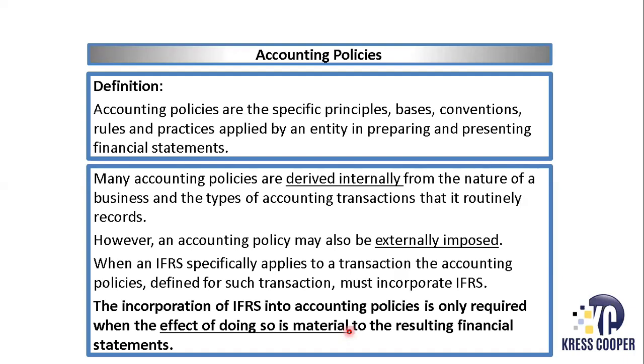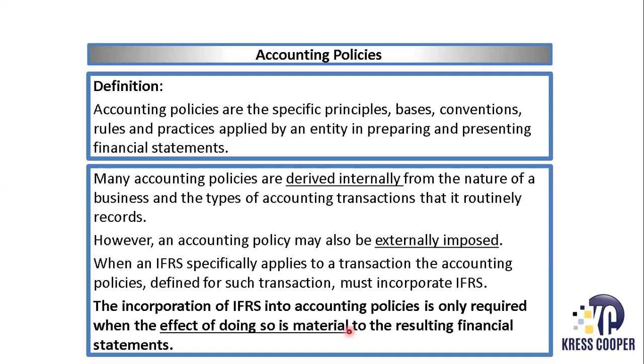The asset is of an immaterial amount, and when we look into its estimated useful life, supposedly 5 years, and say the cost is supposedly $1,000, a 5-year useful life would give us 200 per annum.